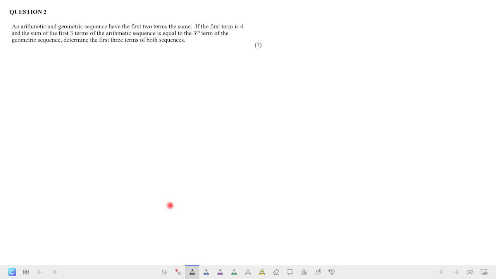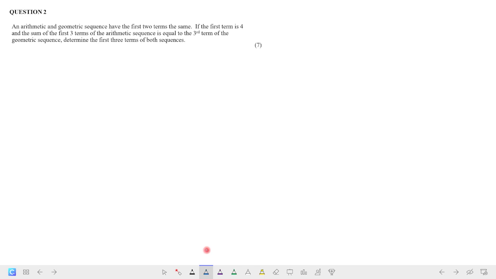Now the question goes as follows. An arithmetic sequence and a geometric sequence have the first two terms the same. If the first term is 4 and the sum of the first 3 terms of the arithmetic sequence is equal to the third term of the geometric sequence, determine the first 3 terms of both sequences. Now the strategy to solve this question is to read each statement and understand what it means.